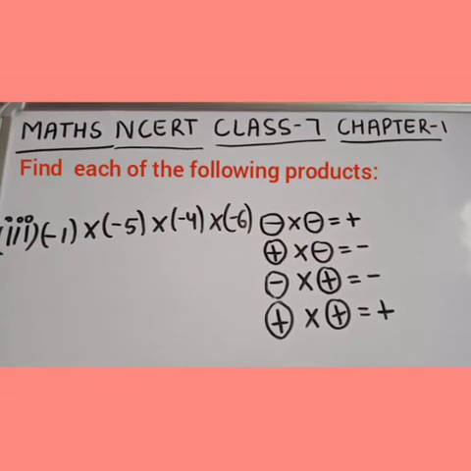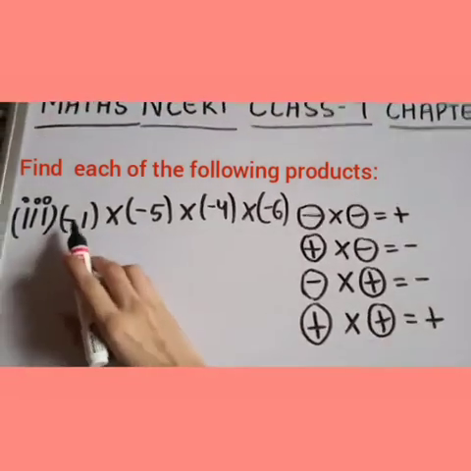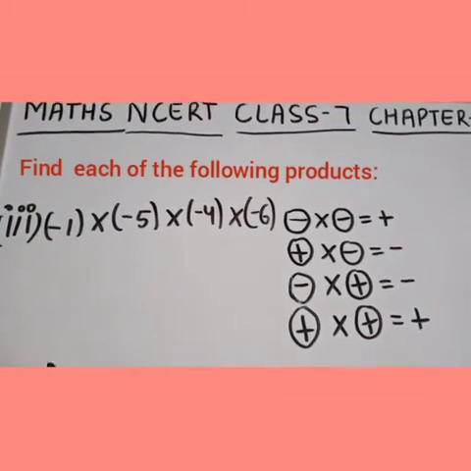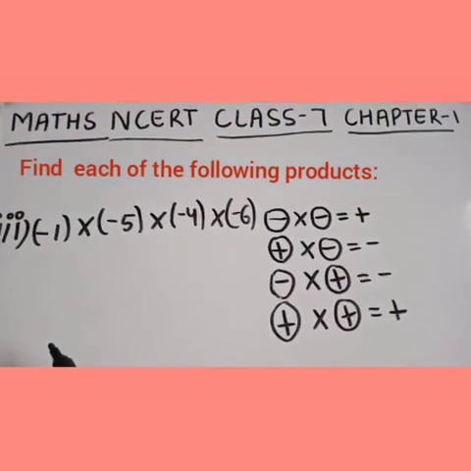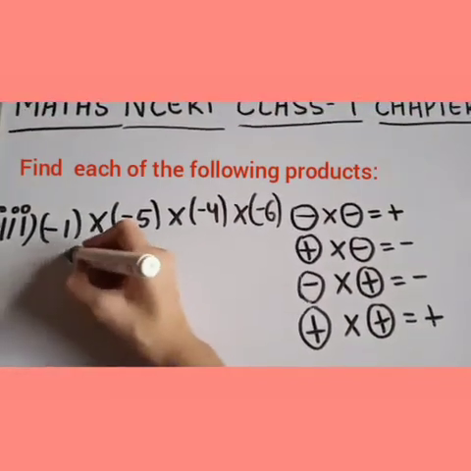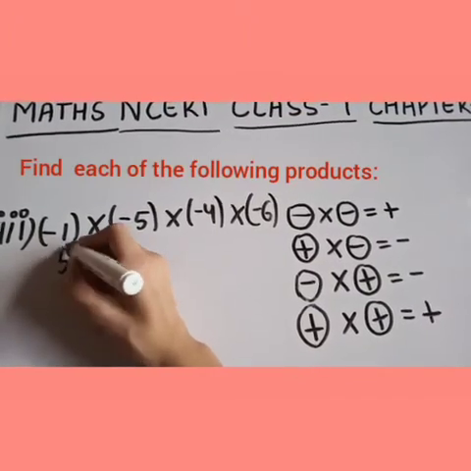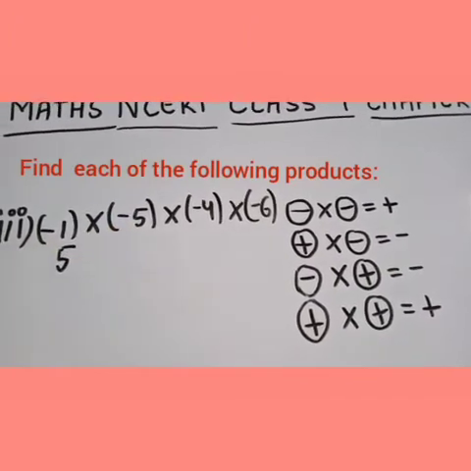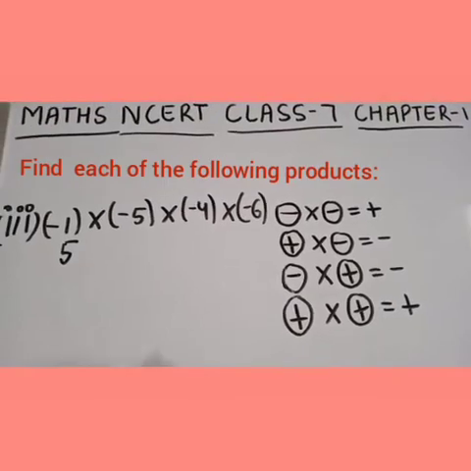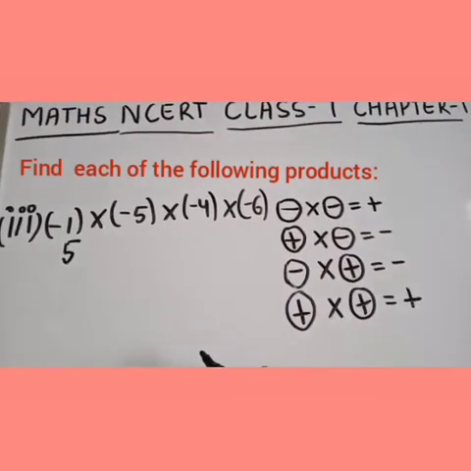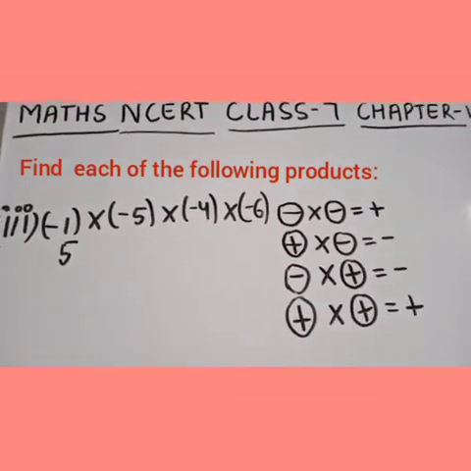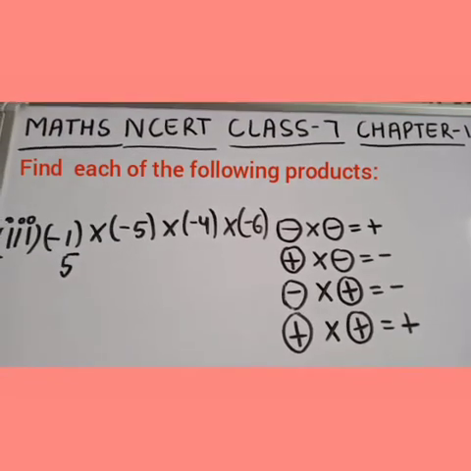So let's start. Ignore the signs, 1 and 5. 1 multiplied by 5 is 5. Now see the signs. Minus minus is plus. So 5 comes out to be a positive number.